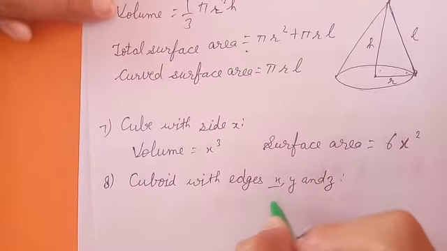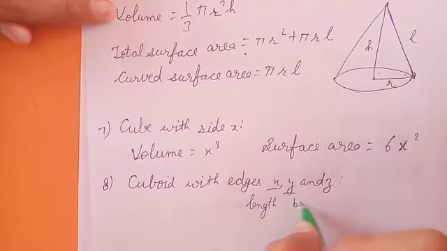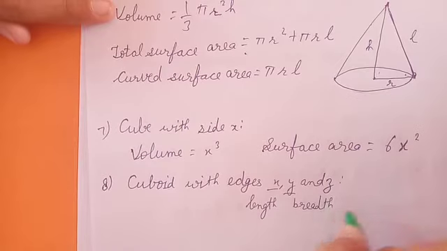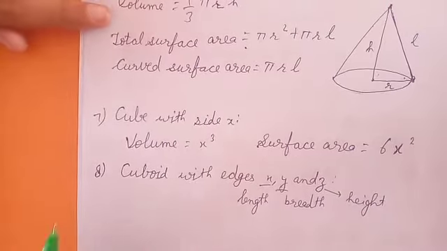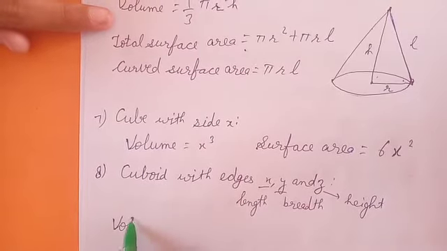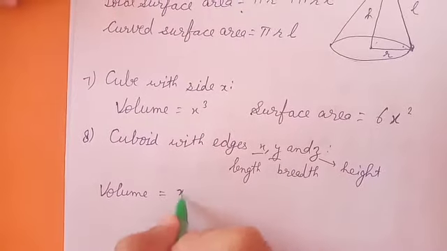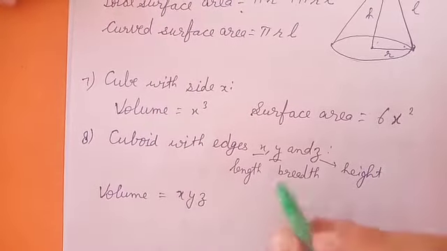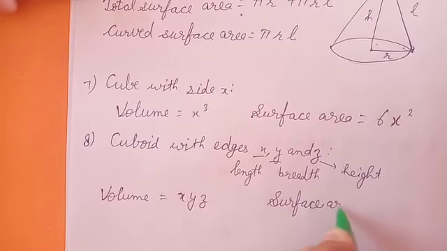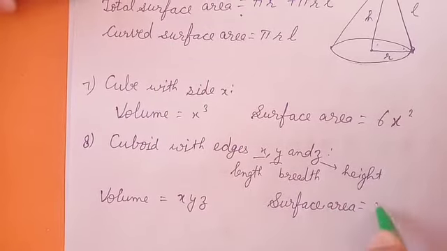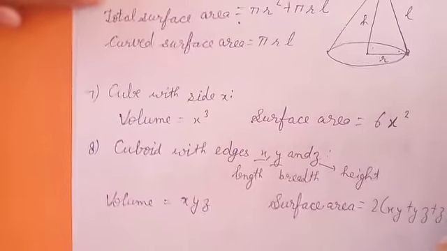Here x is its length, y is breadth, and z is its height. So volume of cuboid is length into breadth into height, that will be x into y into z, and surface area is 2 times (xy plus yz plus zx).